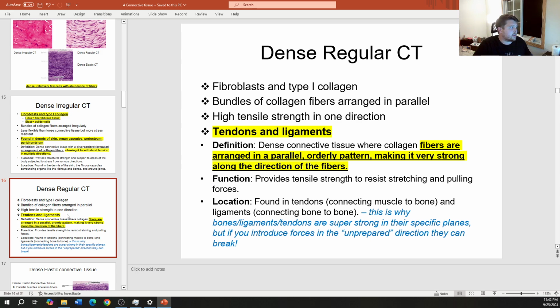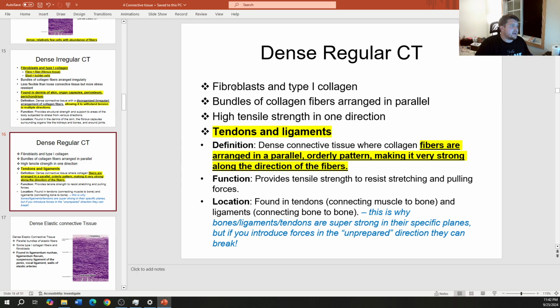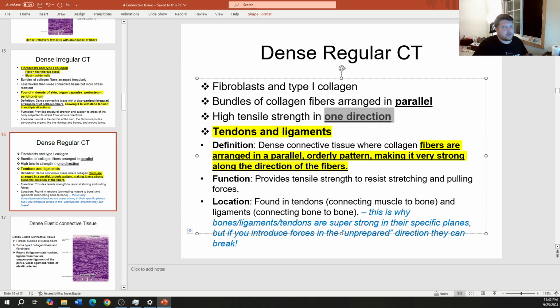Our dense regular connective tissue, again, is fibroblasts and lots of type 1 collagen. The bundles of collagen fibers are arranged in parallel. That's why it's regular. High tensile strength, but only specifically in one direction, meaning it handles force or movement in one direction really, really well, usually along the direction that the fibers are put together.